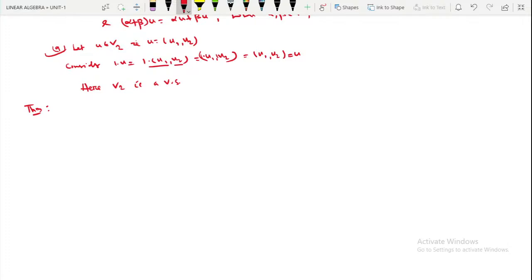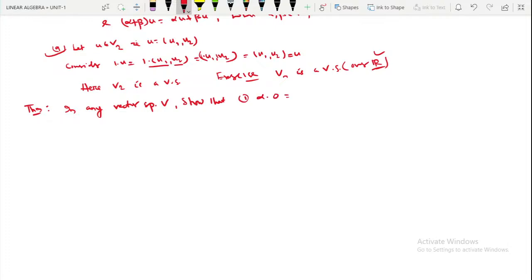Similarly, this is an exercise to show that Vn is a vector space over R. The field is not mentioned, so you have to take it as R. There is a theorem: in any vector space V, alpha into the zero vector equals the zero vector, where alpha is a scalar.